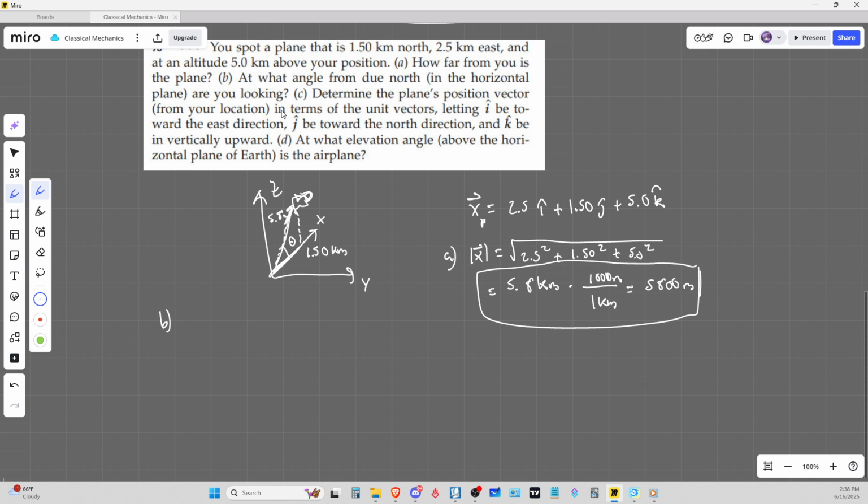Okay, so for B, what is the angle? So there's two ways we can do it.